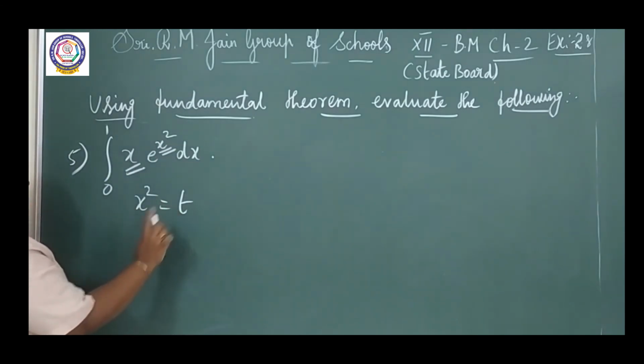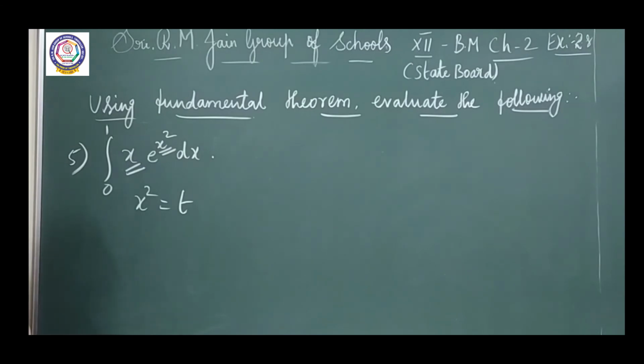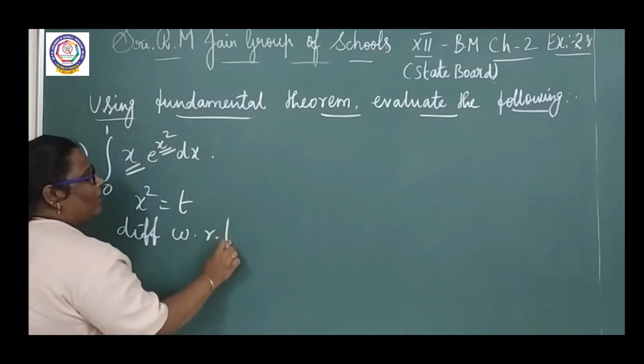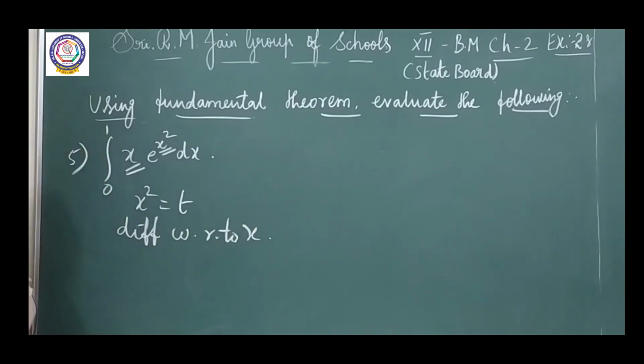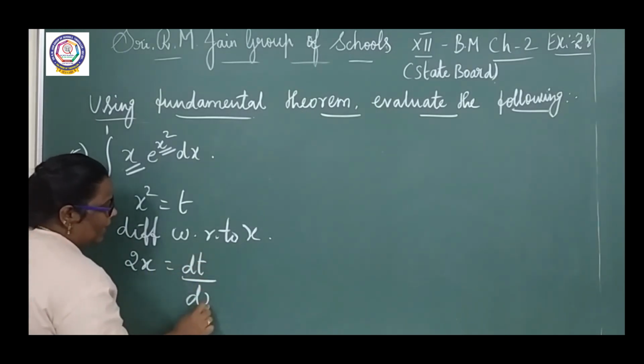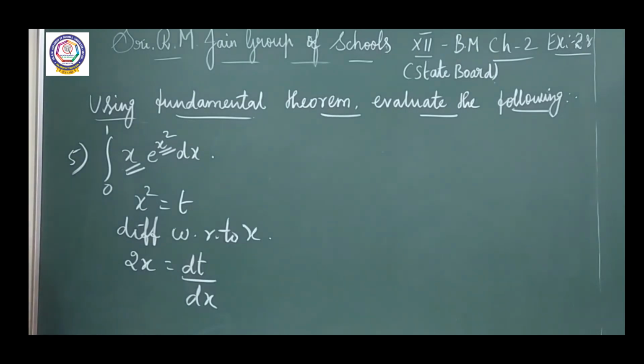So, x square equal to t, differentiate with respect to x. X square becomes 2x. 2x equal to dt by dx.